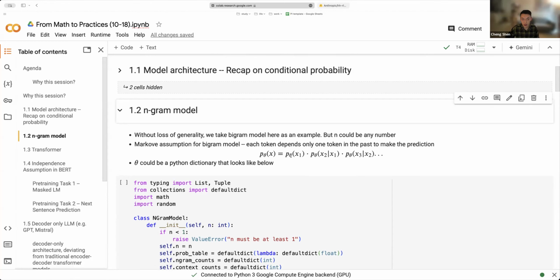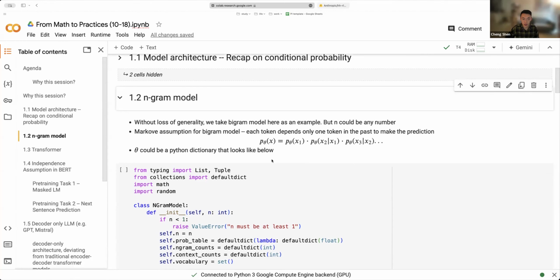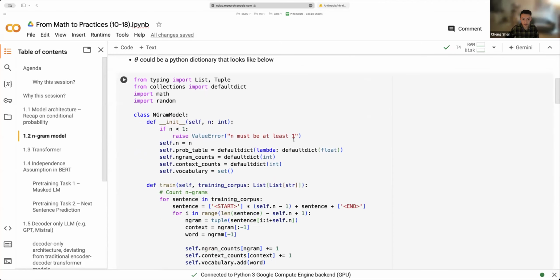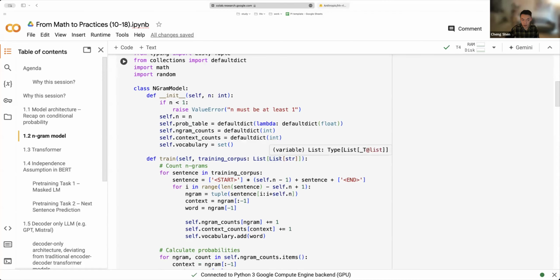So the theta here, instead of a neural network, could be just a Python dictionary. This is a very basic implementation of a bigram model. You can see we have a probability table here and also n-gram counts.